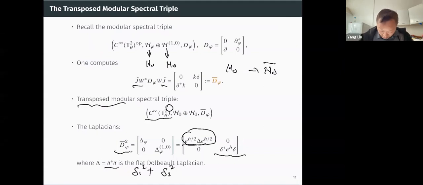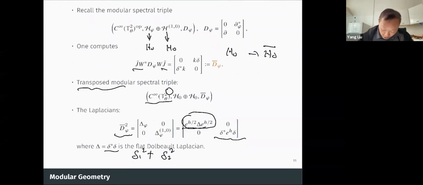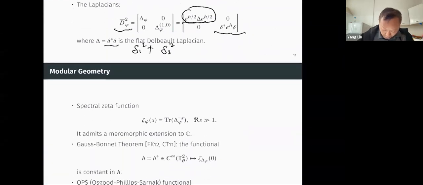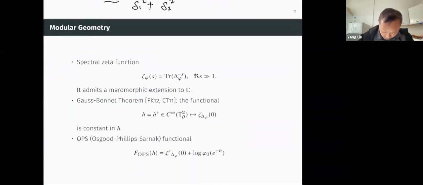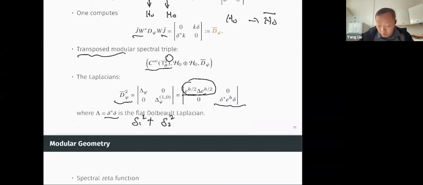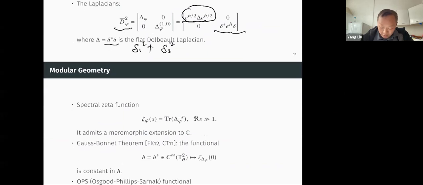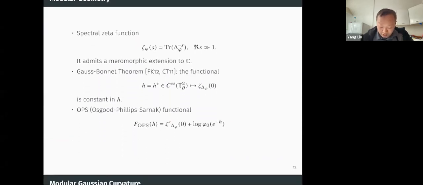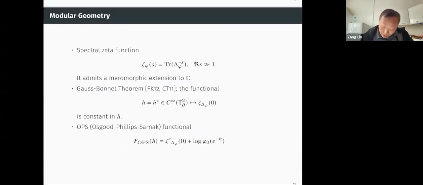Okay, so now with the curved metric represented by this modular spectral triple, how do we grab some invariants or intrinsic curvatures? As Masu explained in his talk, we look at the spectral zeta functions.